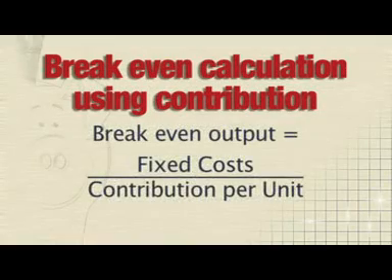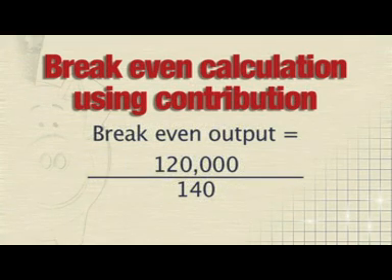Done it? Your calculations should look like this. The break-even point equals fixed costs divided by the contribution per unit. So if we put the figures into the calculation, it'll look like this.